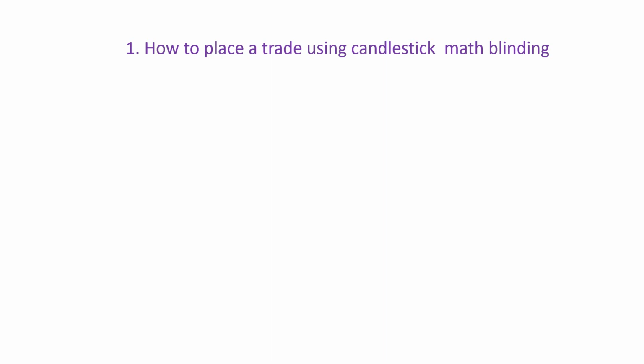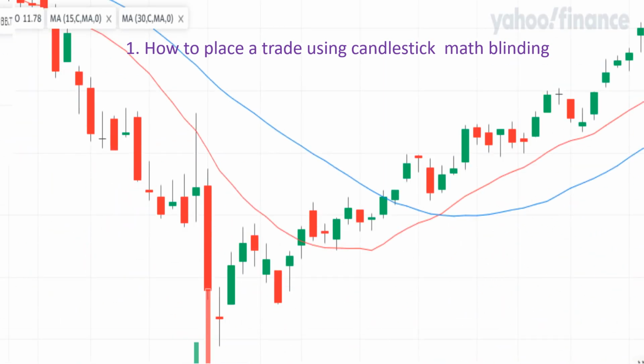How to place a trade using candlestick blending. This is the same price trend, and I highlighted this section between these two arrows, which are 9 candles, and here we are at the bottom of a downtrend. To blend these 9 candles is very easy.